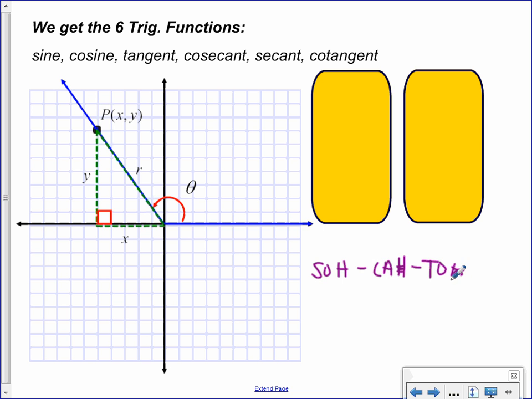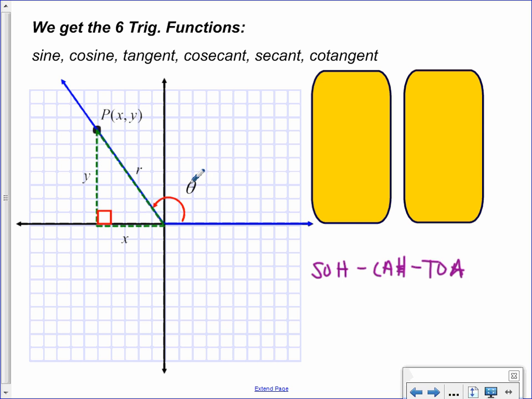Ms. Holmes, have you ever heard of this? Yes. S stands for sine. Sine is the opposite over the hypotenuse. C is cosine, adjacent over hypotenuse. And T stands for tangent, opposite over adjacent. Does that look familiar? Okay, it's coming together.